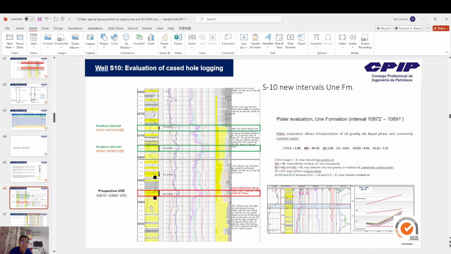BH less than WH and WH exceeding 40 may indicate very low gravity or residual oil, commonly containing water. CH exceeding 0.5 may confirm a liquid phase. OI and IO between 0.4 and 1 may indicate residual oil.